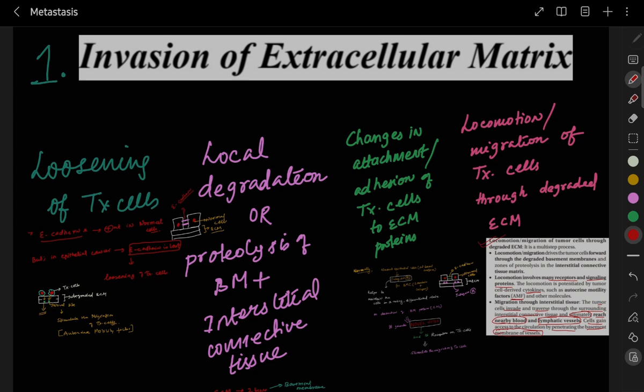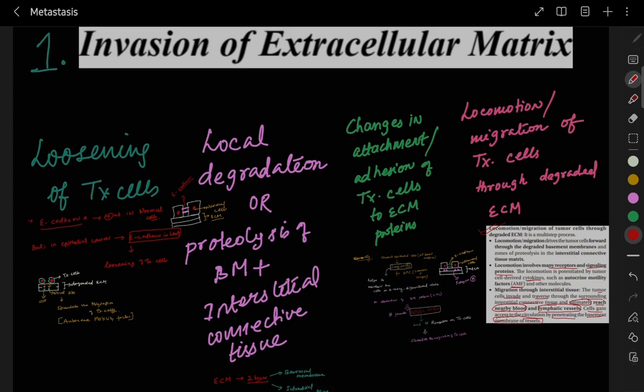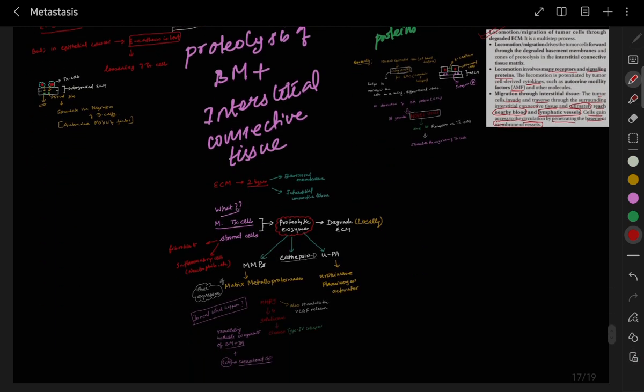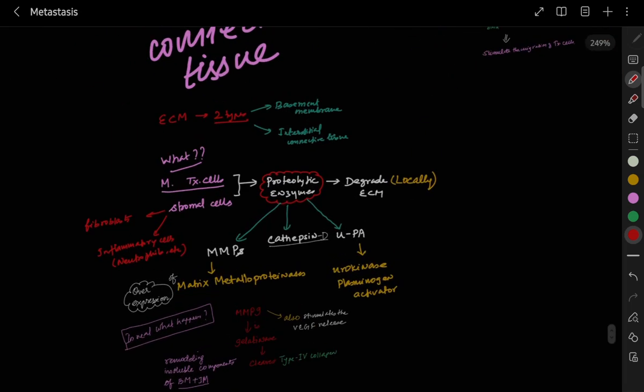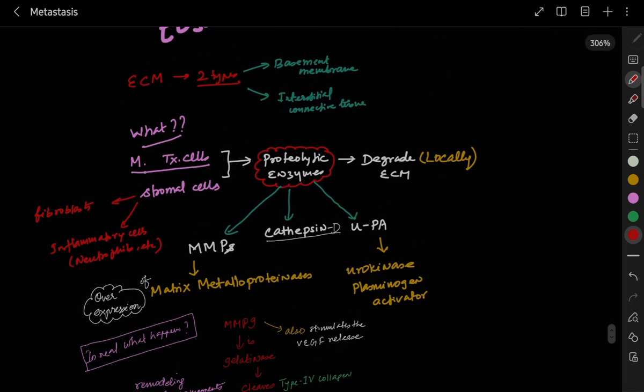The next thing is the local degradation or proteolysis of the basement membrane and the interstitial connective tissue. We discussed that the extracellular matrix is of two types, basement membrane and interstitial connective tissue. The malignant tumor cells and the stromal cells produce proteolytic enzymes that degrade the extracellular matrix. Some proteolytic enzymes we saw are the MMPs, cathepsin D and uPA, right?